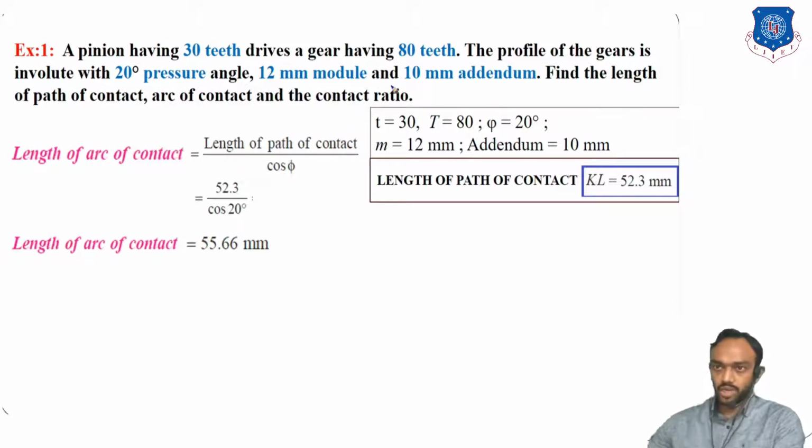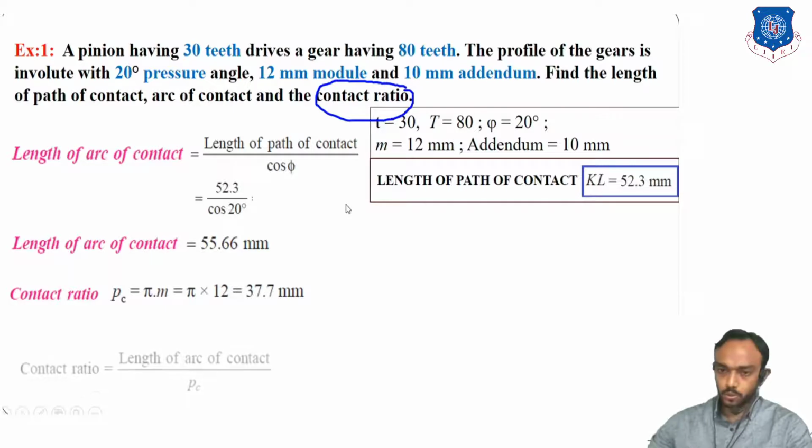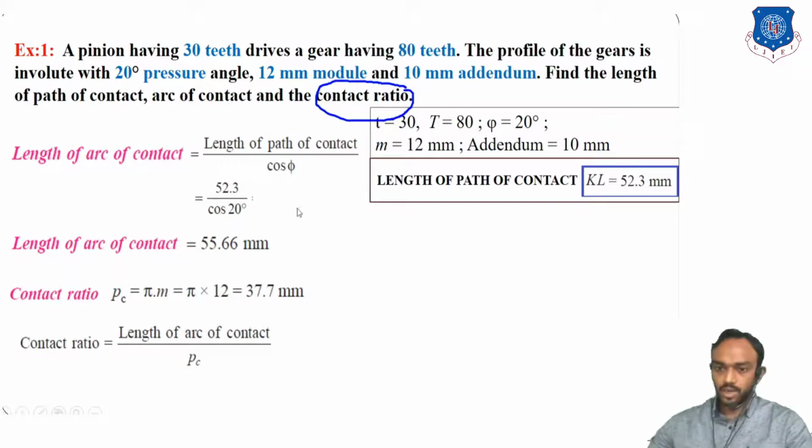Now we are going to find the last point, the contact ratio. You know the equation: contact ratio is equal to length of arc of contact divided by Pc. Pc is the circular pitch, which you can find as pi into m.